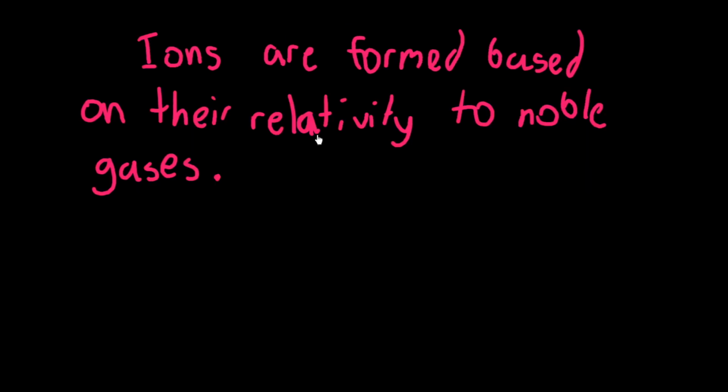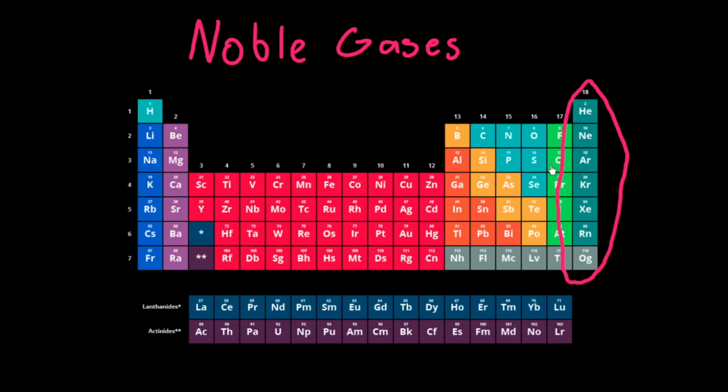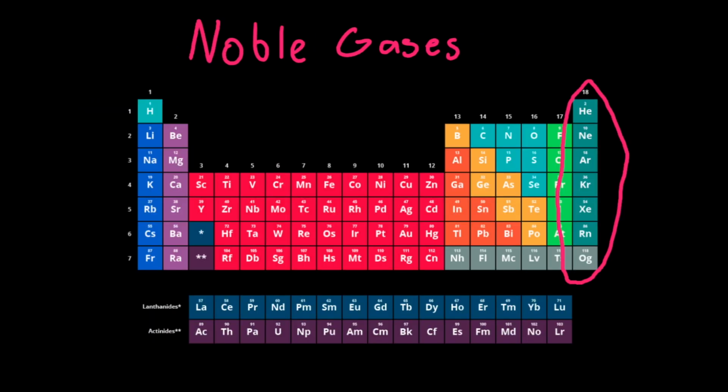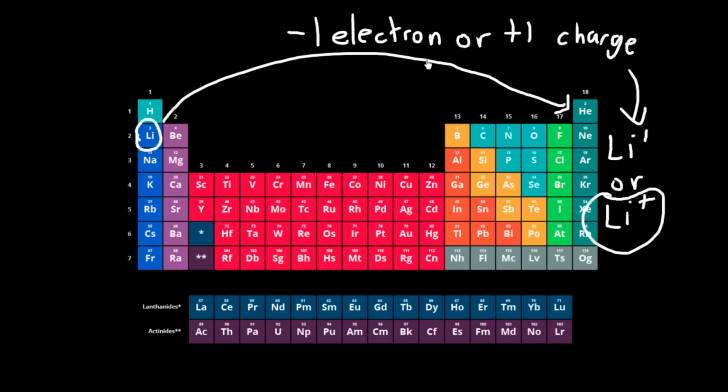And ions are basically formed relative to the noble gases. So like I just said, all atoms want to basically be these noble gases. So relative to the noble gases is how ions and charges are formed. And here's an example. So lithium, right? It has 3 electrons, as you can see by the atomic number right here. Atomic number is the number of protons, and in a balanced atom, the number of protons is the same as the number of electrons.